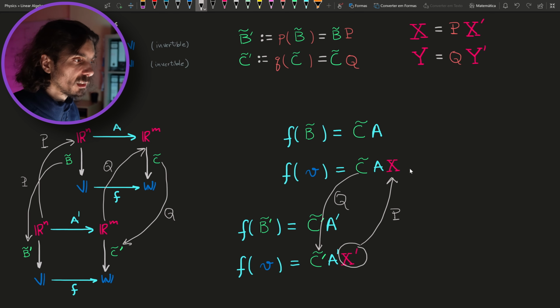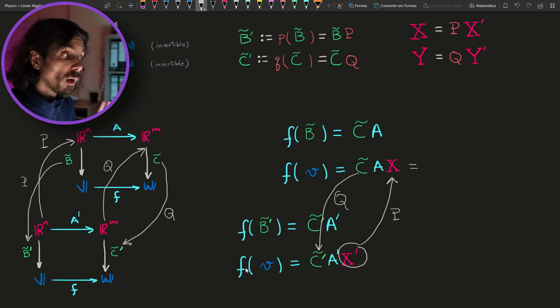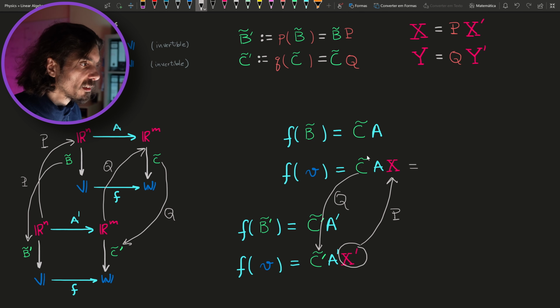Let's focus on what's written here first. Fv is written like that. This is equal to that, by the way. So let's try to rewrite this in such a way that c tilde prime shows up here and x prime shows up as well. So let's do it. c tilde is written like that.